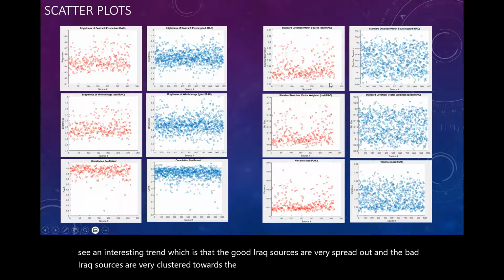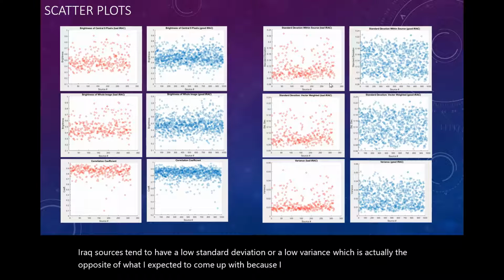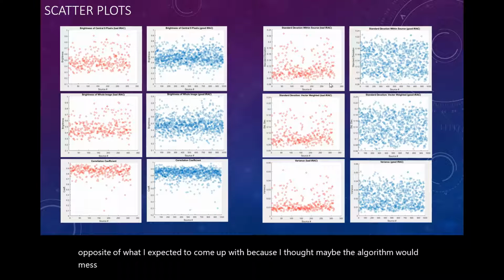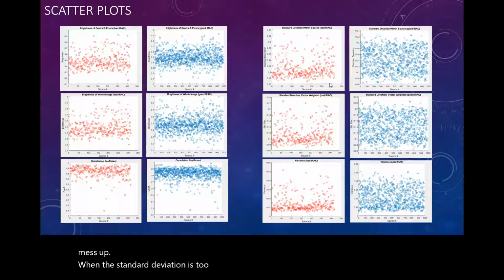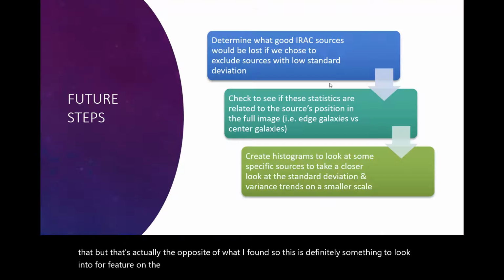Essentially, that means bad IRAC sources tend to have a low standard deviation or a low variance, which is actually the opposite of what I expected, because I thought maybe the algorithm would mess up when the standard deviation is too high and there's too bright of a pixel. But that's actually the opposite of what I found. So this is definitely something to look into for the future on the project.